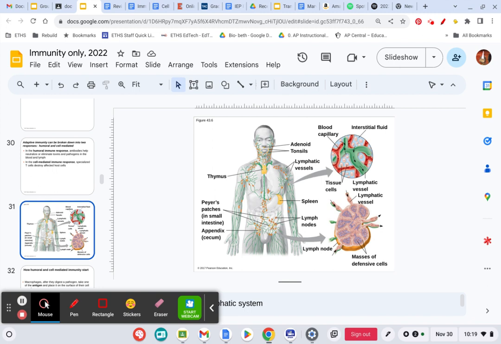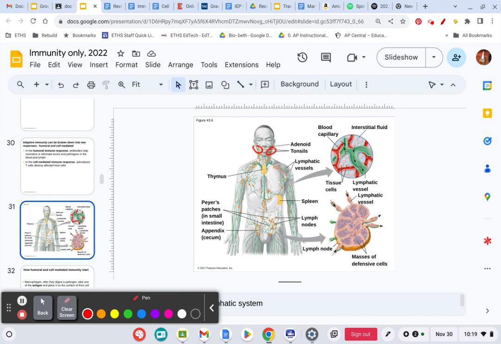We saw this before. Picture of my dude with lots of green, weird looking, kind of looks like a zombie there. But all those green lines represent vessels of the lymphatic tissue. So this is all the lymph system. We talked about lymph nodes in the jaw area.